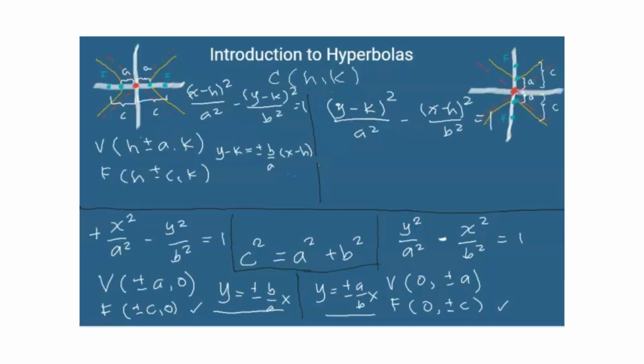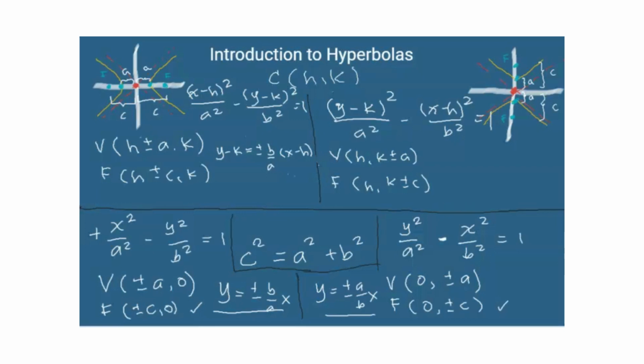Now for the vertical hyperbola, the coordinates of the vertices would be h, and then you add a to k. So k plus or minus a. And for the foci, the coordinates would be h, k plus or minus c.